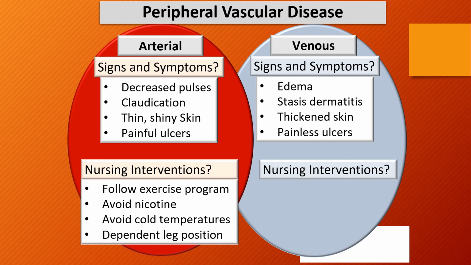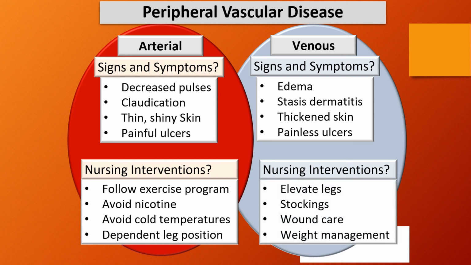They may have stasis dermatitis, so they may develop different variations of color and texture in the lower extremities. The skin may thicken. They may develop ulcers, but these ulcers are painless, and these ulcers also have irregular edges. So peripheral venous disease patients have venous stasis ulcers, which have irregular edges and are painless. Okay, arterial ulcers are painful, so you should know the difference.